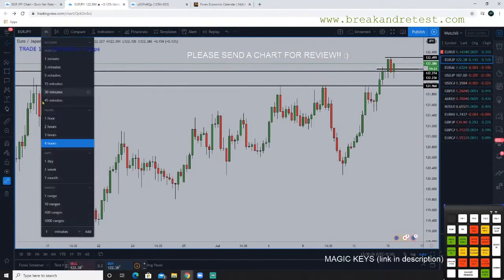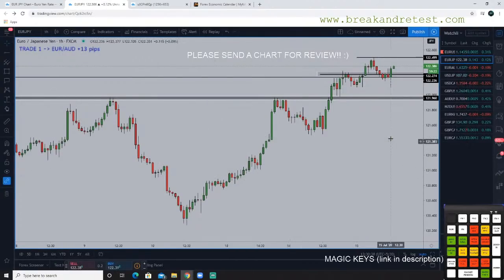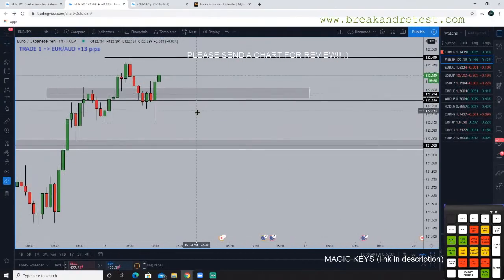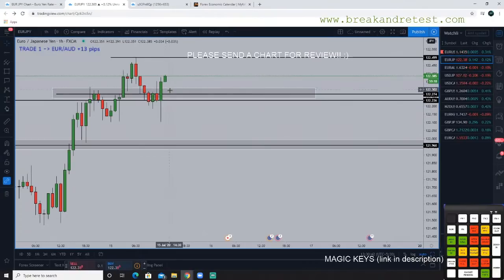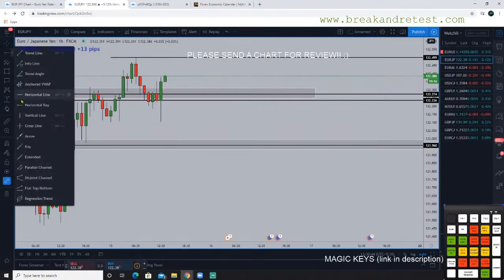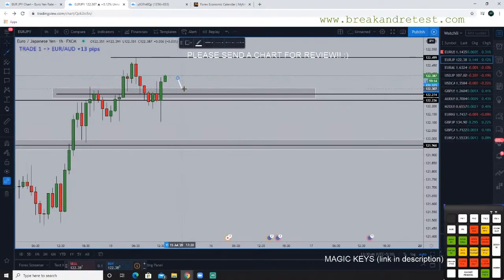EJ, I think I missed EJ. Okay, looks like still there's chance. If this comes for a retest here, we can take some EJ buys. But looks like it's already moving. I don't know if it's gonna give us a chance or not.